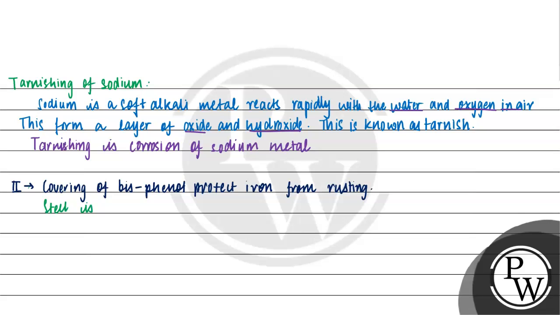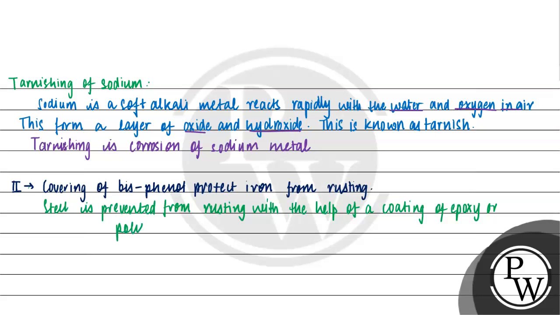We know steel is an alloy of iron. Steel is prevented from rusting with the help of a coating of epoxy or polyurethane.